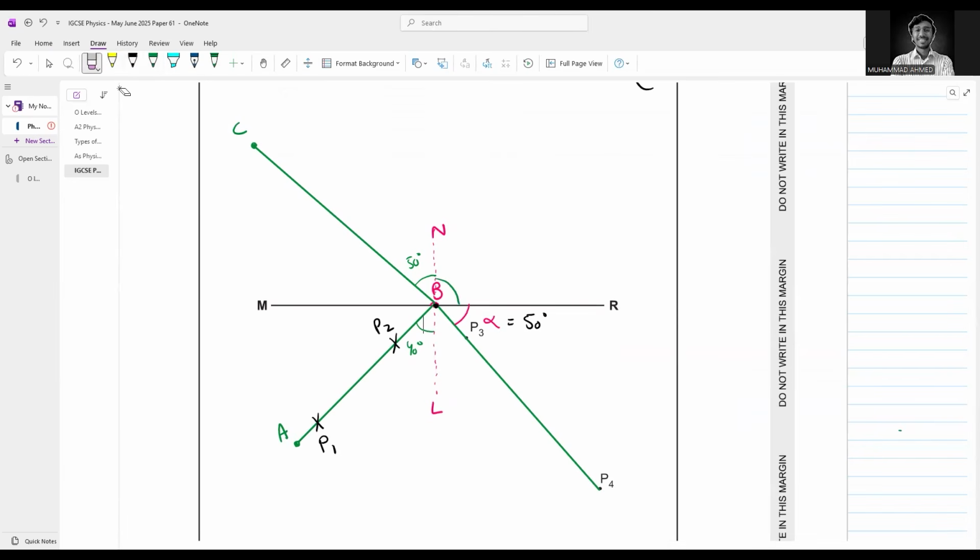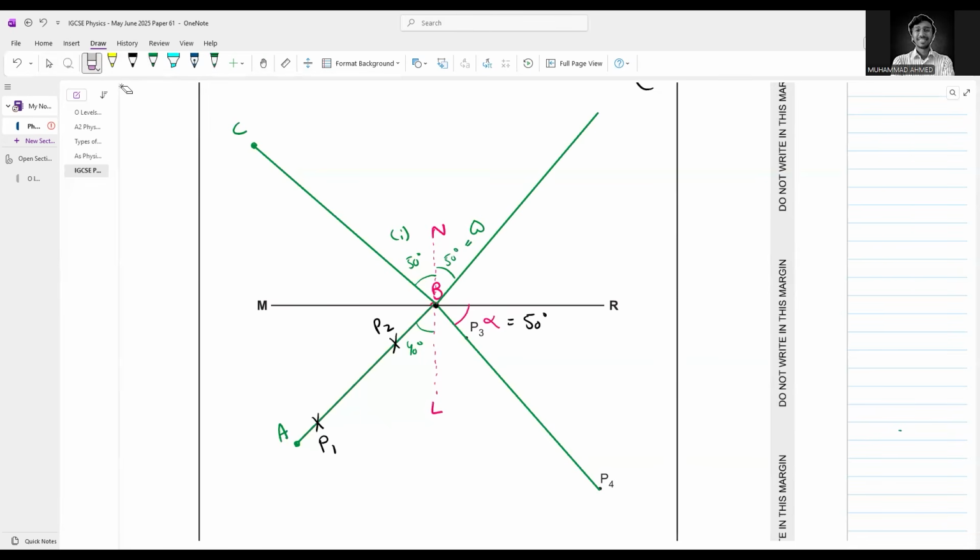What will your angle of reflection be? Have we studied law of reflection? If your angle of incidence is 50 degree, आपका angle of reflection will also be 50 degree. This is known as your beta.